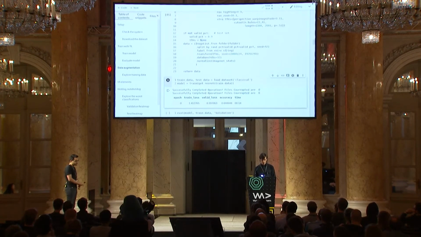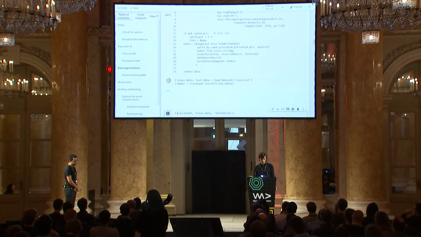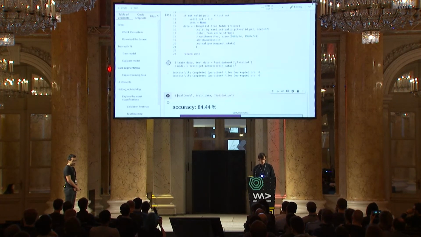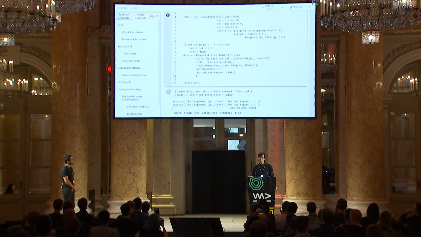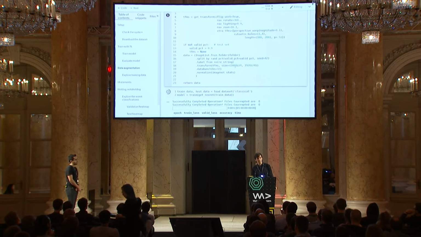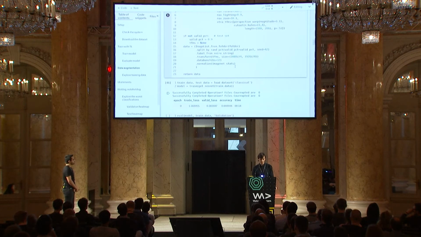And if I train the model using those transformations, I should see probably worse results on the validation set, but at least the validation and the results on the final testing should be way closer to each other.